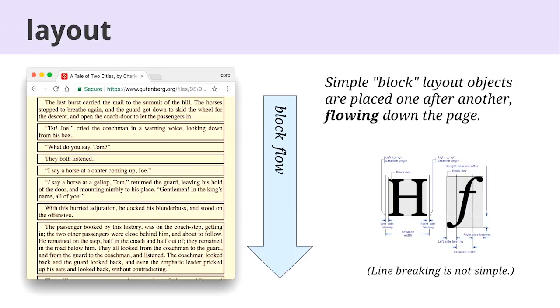We call this block flow because the blocks flow down the page. Although note that even the simple case has a fair amount of complexity because each block's position depends on the height of its predecessor. And to know the height of a block, we have to find the line breaks, which requires measuring runs of text using the font from the computed style. So this all happens as part of layout.